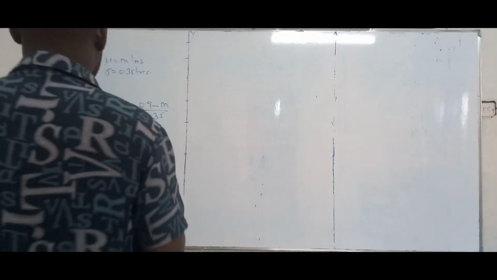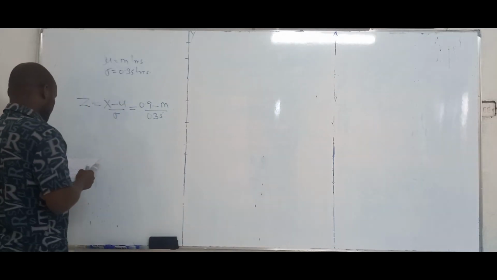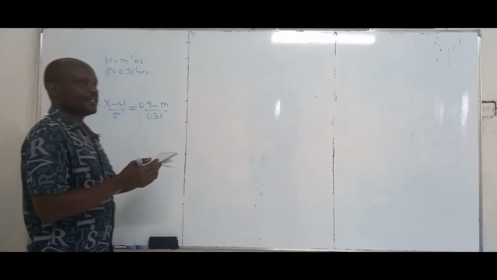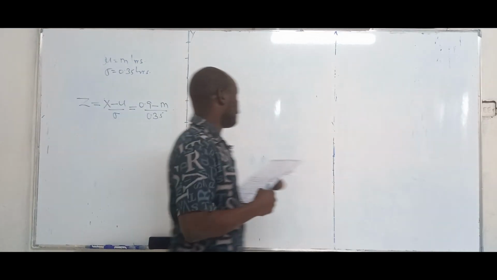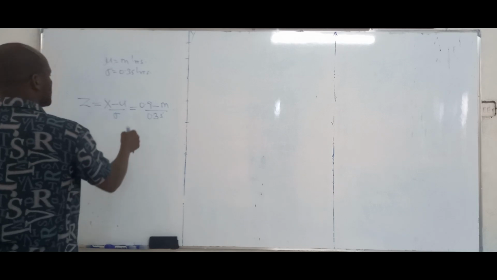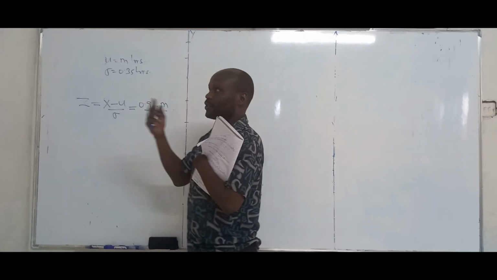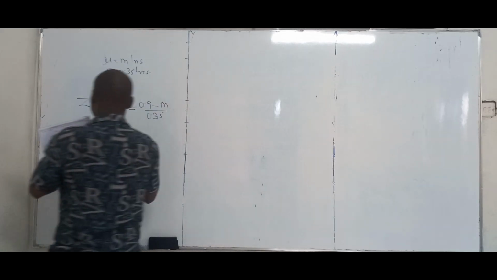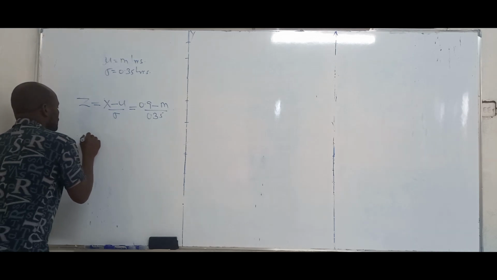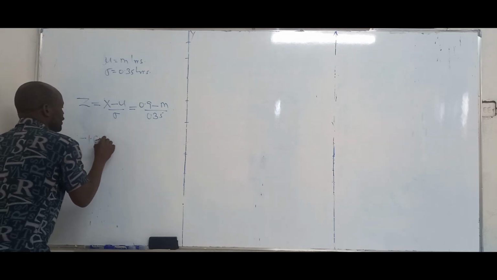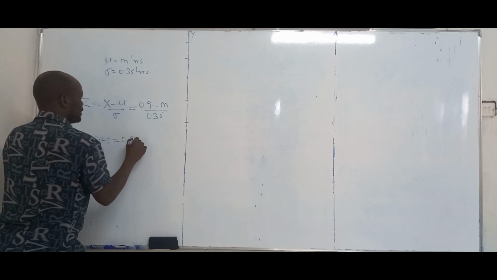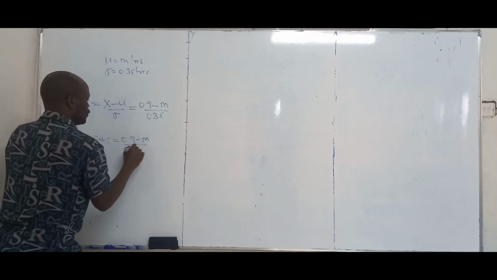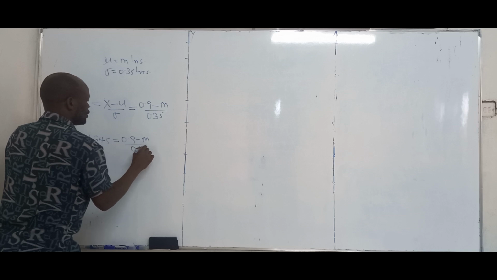And then we see that the z value that corresponds to that is either positive or negative 1.645. So for us to end up with a time which is not negative, we will have minus 1.645 equal to 0.9 minus m all over 0.35.